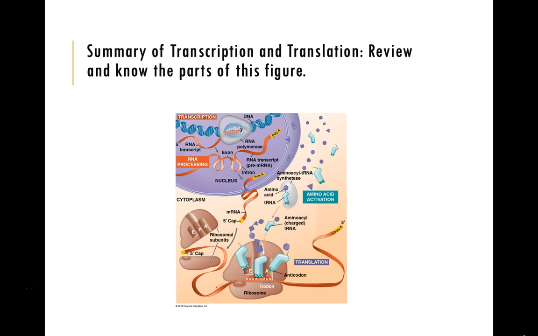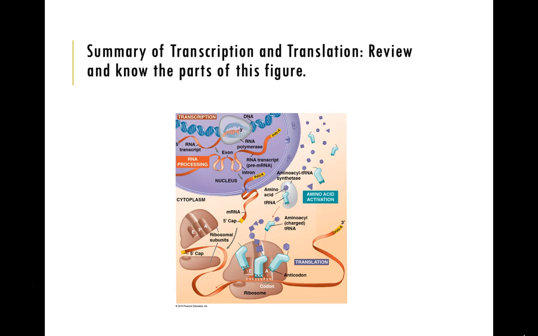Your book gives a very nice but very busy diagram that shows a summary of this whole process. So up at the top we have our DNA molecule. RNA polymerase is making that RNA transcript. Now remember, if this was a eukaryotic cell, that would be attached to ribosomes immediately and translation would occur.